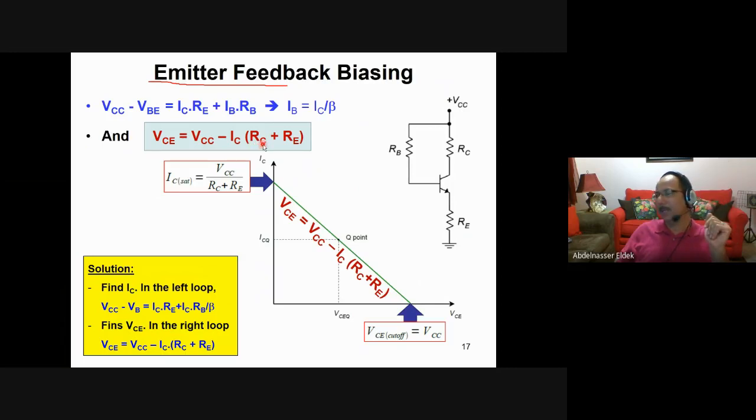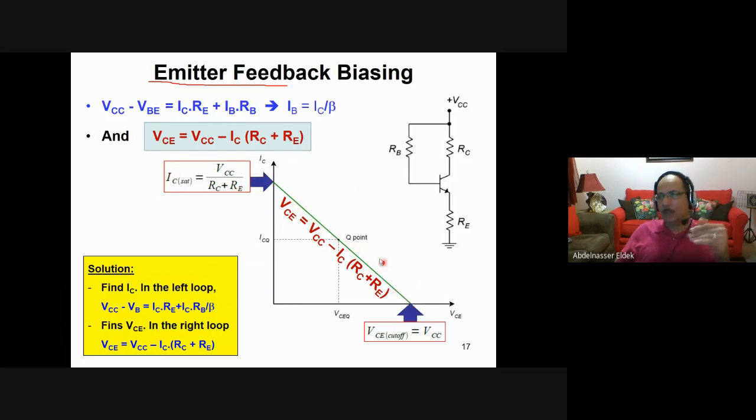Second, to plot the load line, when IC equals 0, VCE equal VCC. This is the cutoff voltage. And when VCE equals 0, the saturation current equal VCC divided by RC plus RE. Then now we plot the load line.